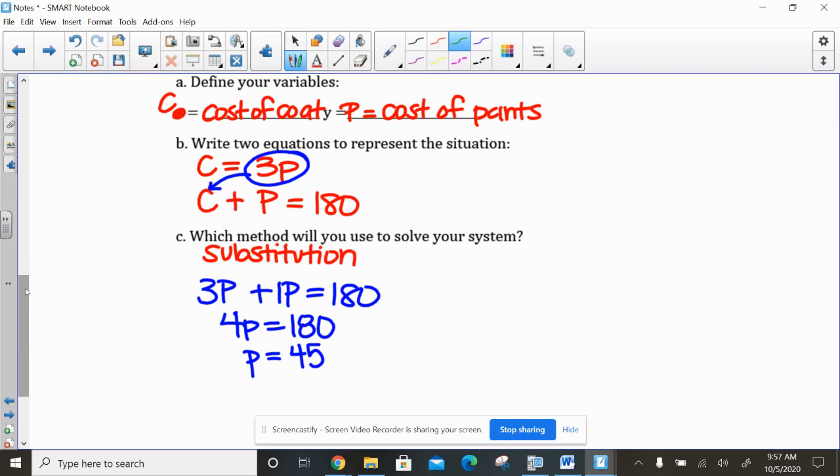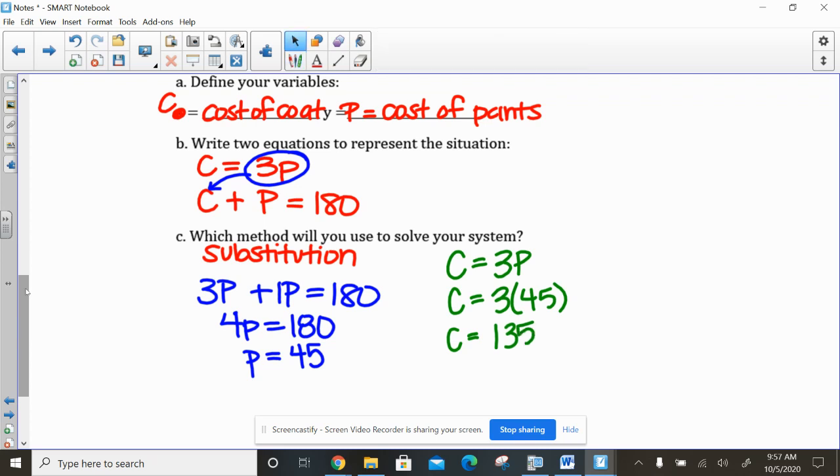So now I know that my coat was 3 times my pants. So 3 times 45. And that will be the cost of my coat, $135.